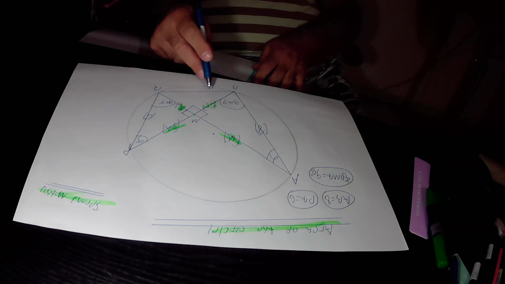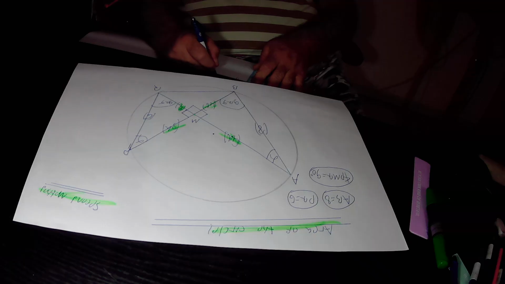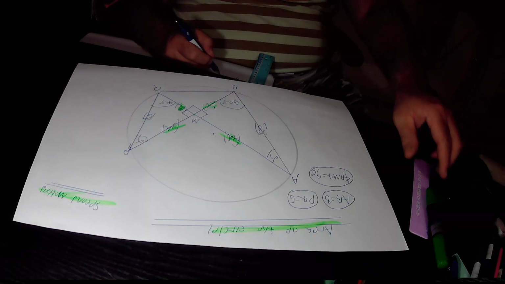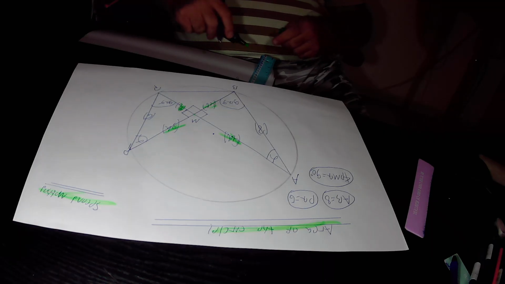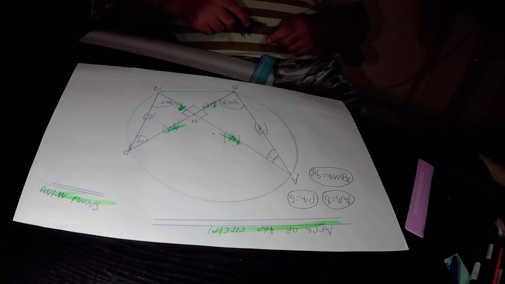Side MB equals 4B units in its length, and side MQ equals 3B units in its length.